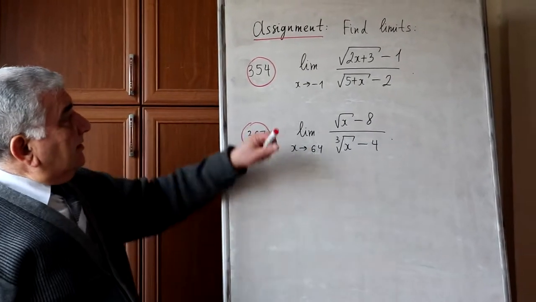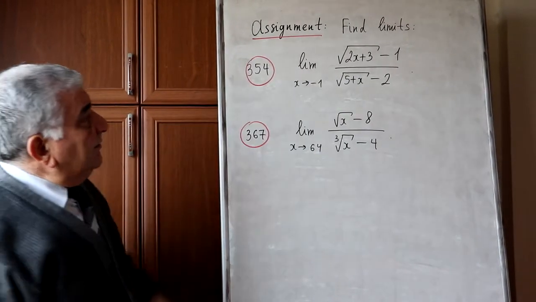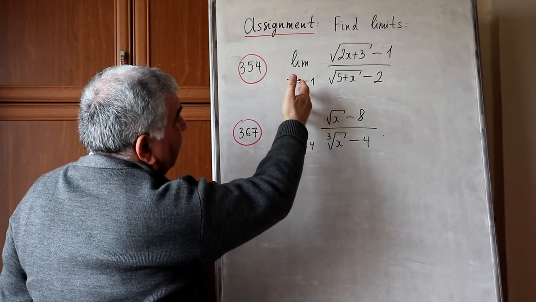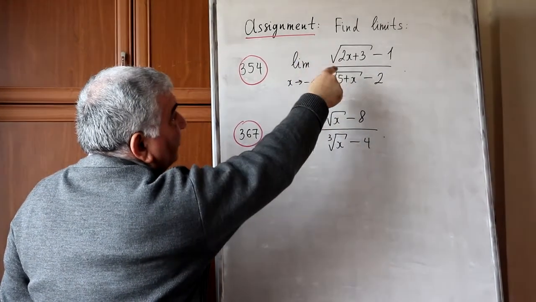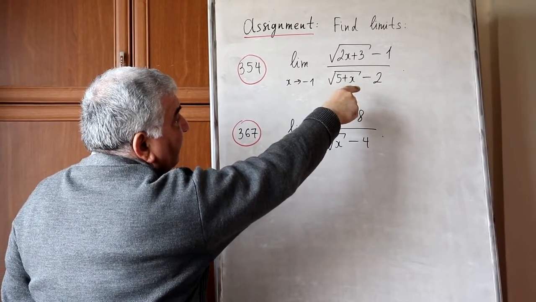Also add two limits to your assignment. Find limits. Limit when x tends to minus 1 of square root of 2x plus 3 minus 1 divided by square root of 5 plus x minus 2.